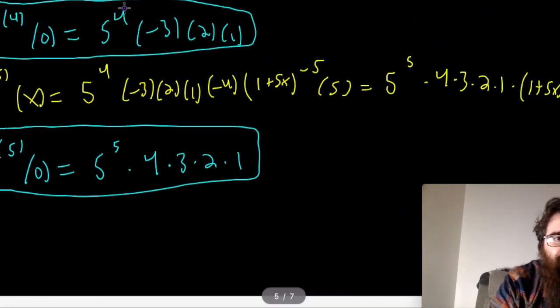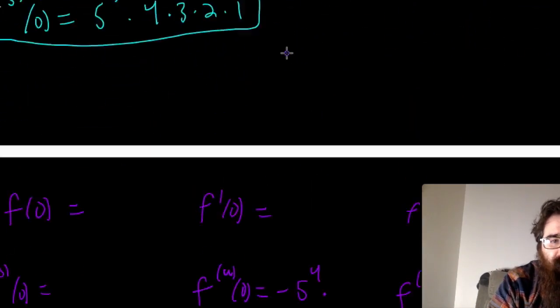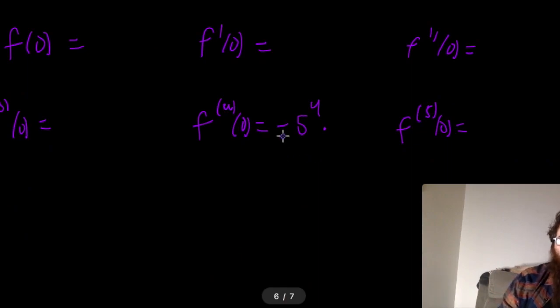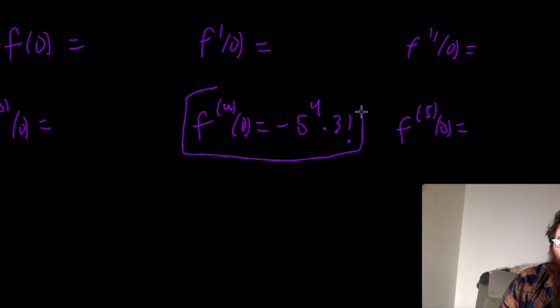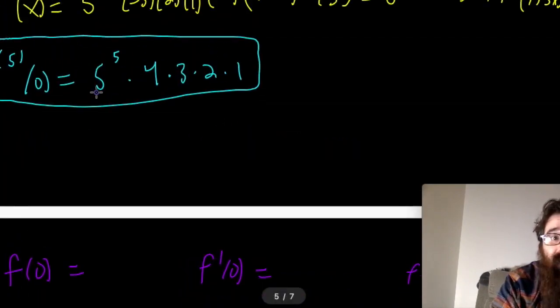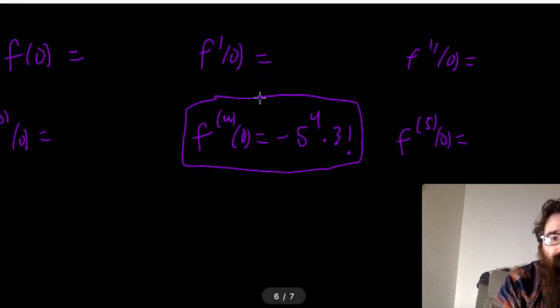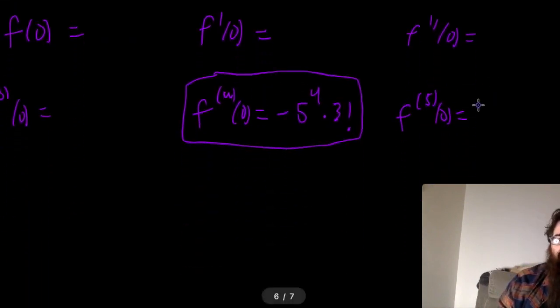Yeah, 5 to the 4th, it's negative 3 factorial. So I got my negative 5 to the 4th, 3 factorial. Well, then what about the fifth order derivative where we ended up? And that was positive, but it was 5 to the 5th and then 4 factorial.